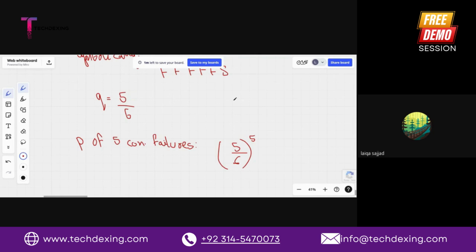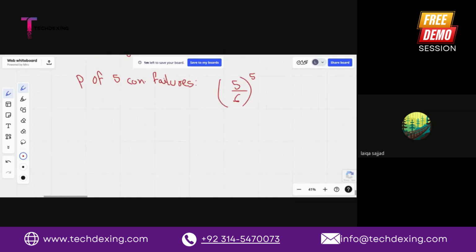And then on the sixth attempt, we got a success. So the probability of success on the sixth attempt, we can write it as probability x is equal to, what does this x represent? X represents the total number of attempts it will take until you get the first success, including that term as well, where you will get the success.